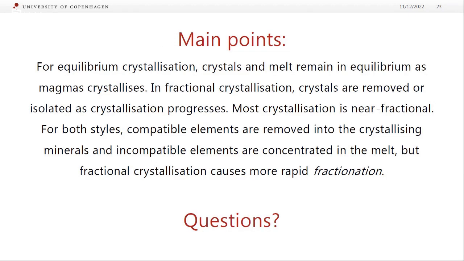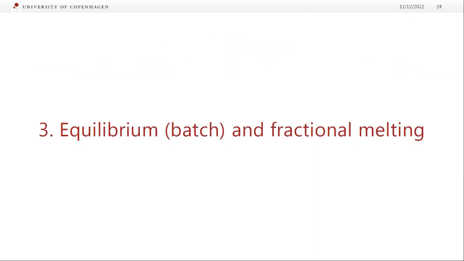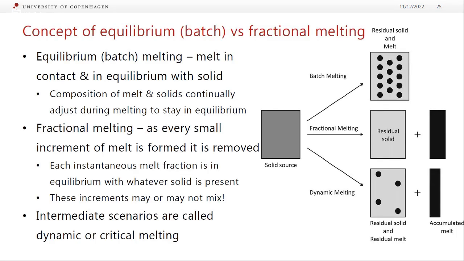All right. So now we're going to go slightly more complicated, and we'll talk about equilibrium, which is sometimes called batch melting, and fractional melting. I briefly mentioned this in the first lecture, and I don't know if it was the right time or not, but we're coming back to it. This is very much the same idea as for the fractional and equilibrium crystallization.